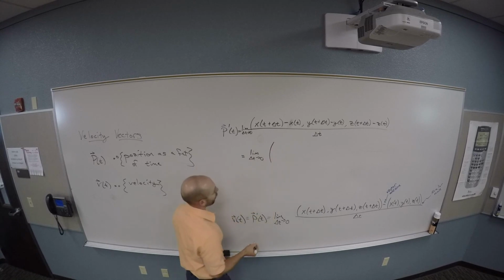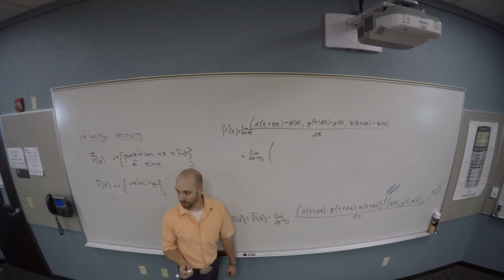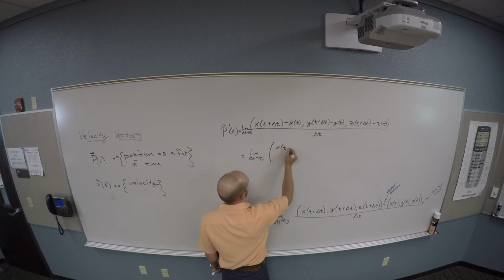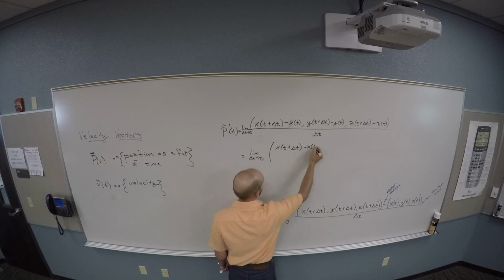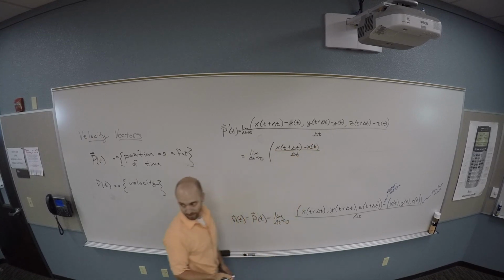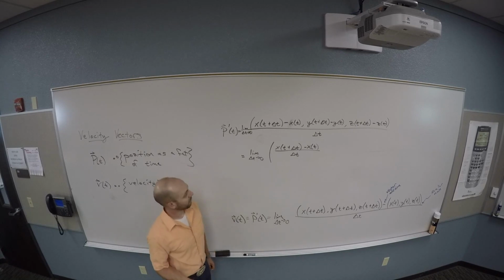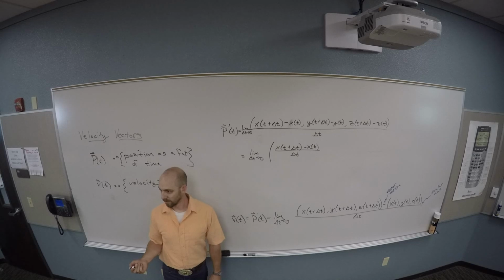And in my first component, what do I have? x of t plus delta t minus x of t all over delta t. What's that look like? That looks like a one-dimensional derivative, right?